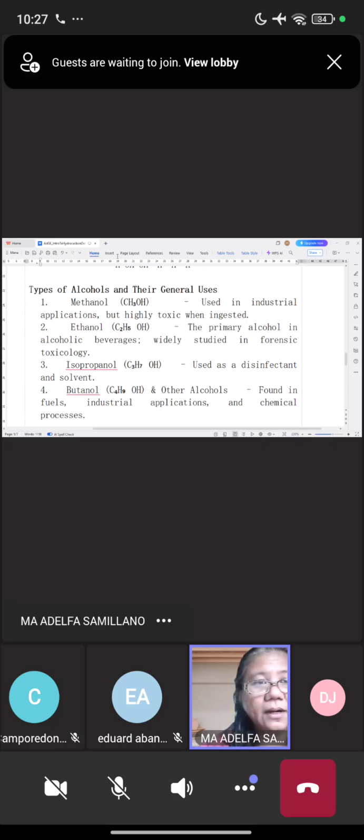So just like methanol, butanol is used in the production of paint. It is also used as a base for perfume, because it has a distinct smell, and in colognes. Our cologne has an alcohol component.